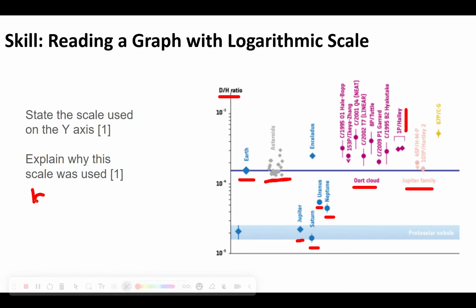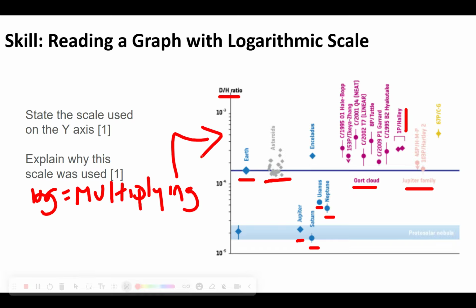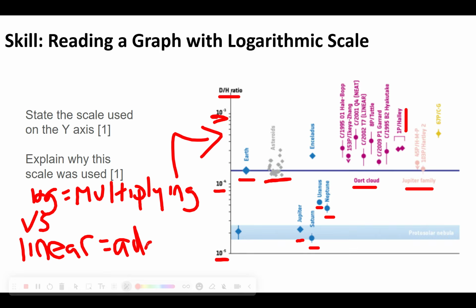When you use a logarithmic scale, you are multiplying. So on this y-axis, these numbers are changing exponentially. This is in contrast to a linear scale where you're adding as you go up your axis. So a log scale allows you to show a much bigger range of numbers.